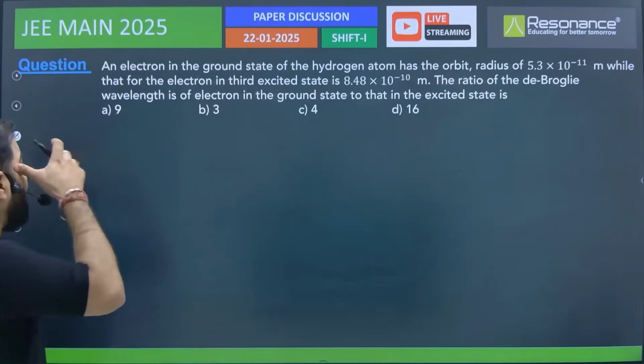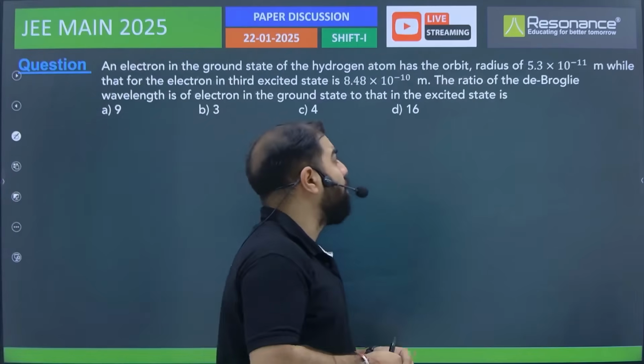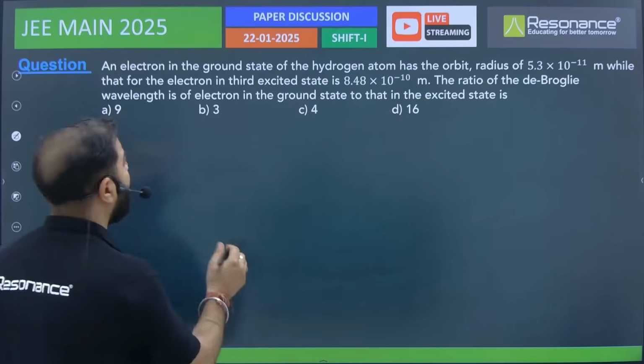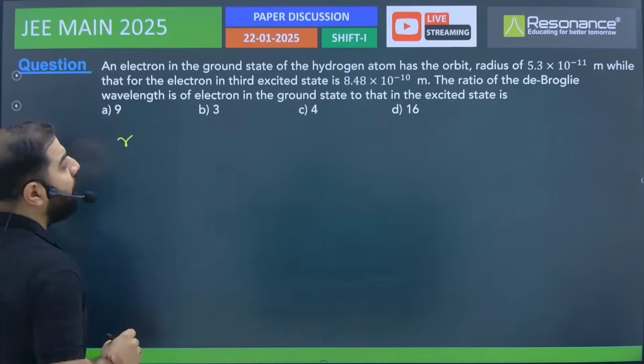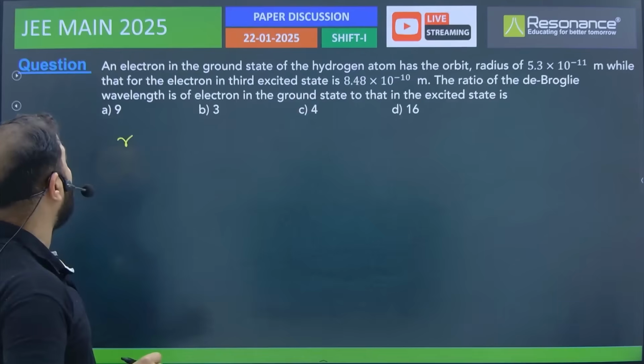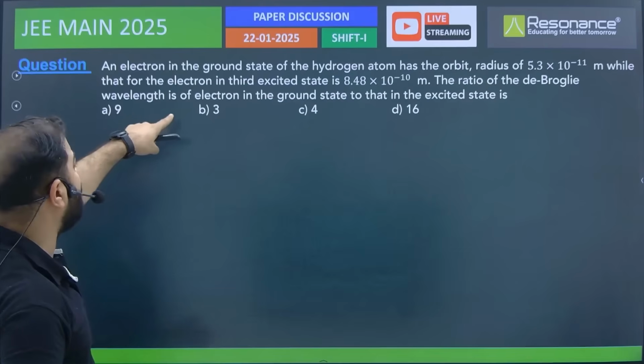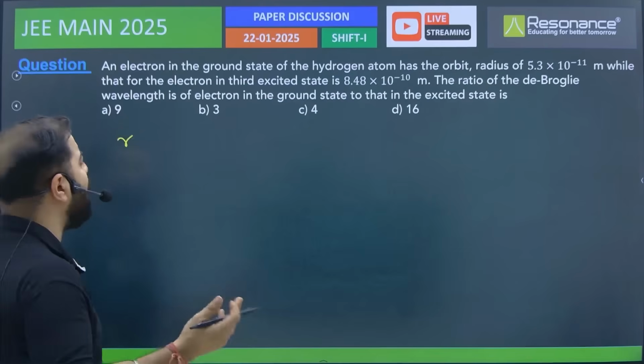Okay, next question: an electron in the ground state of the hydrogen atom has the orbit, ground state meaning n equals 1. Okay, so we can write the formula for wavelength. We want to find the wavelength of the electron in the ground state. So it's an atom type question.